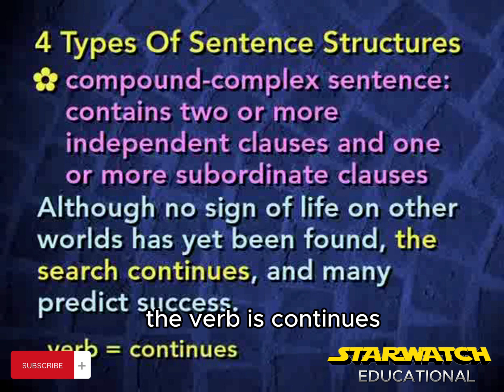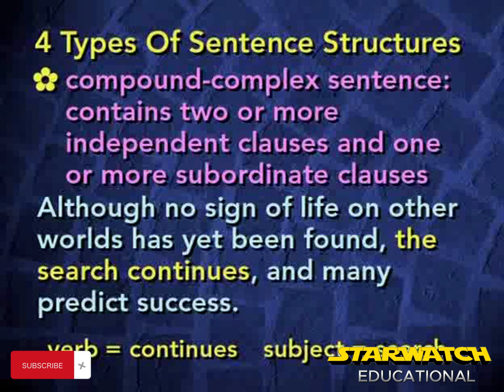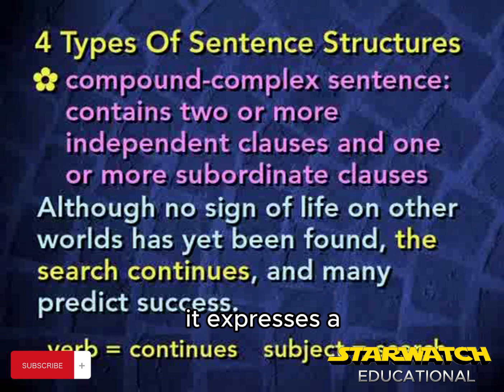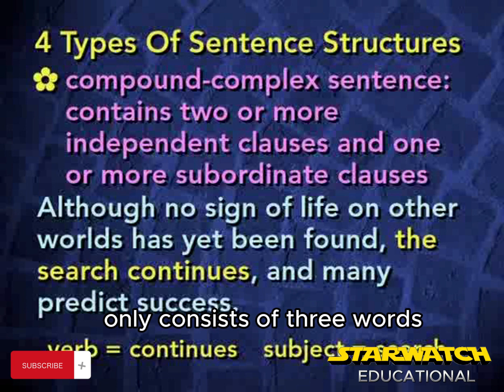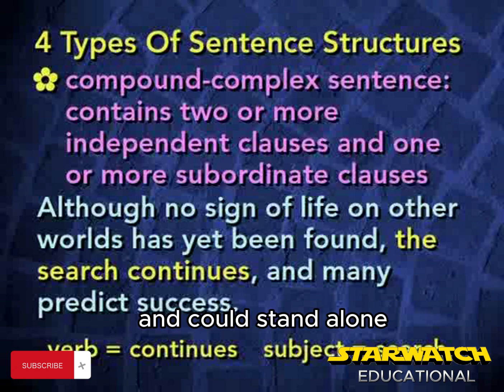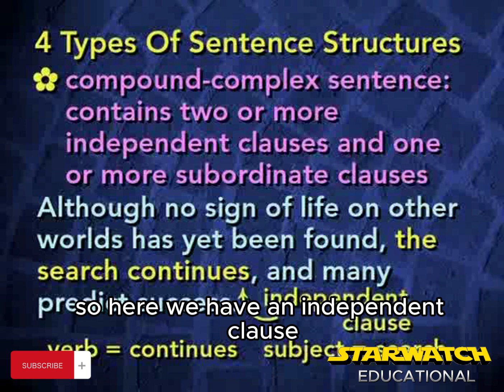The verb is continues, and the subject is search. Could this stand alone as a sentence? Yes, it could. It expresses a complete thought. It sounds complete. And although it only consists of 3 words, nonetheless, it would make up a complete sentence by itself and could stand alone. The search continues. So here we have an independent clause.